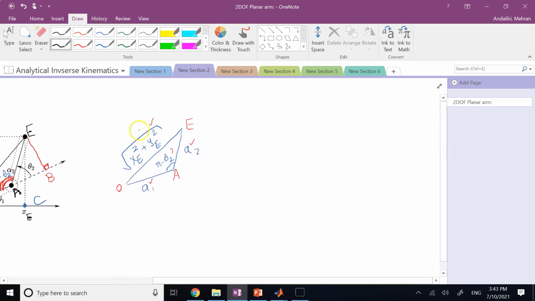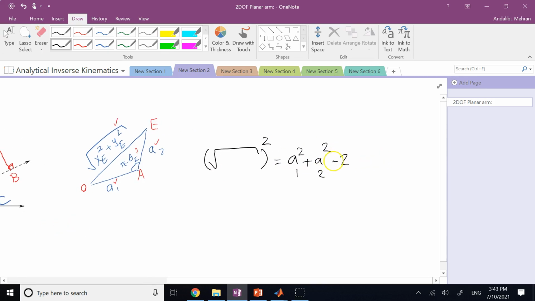The law of cosines says any side squared is equal to the sum of the two other sides squared, minus 2 times A1 times A2 times the cosine of the angle in between, which in this case is pi minus theta 2.